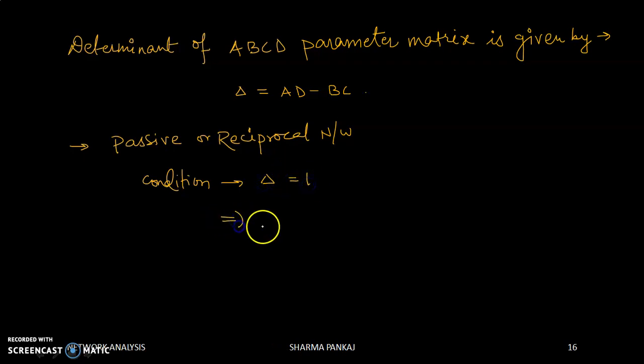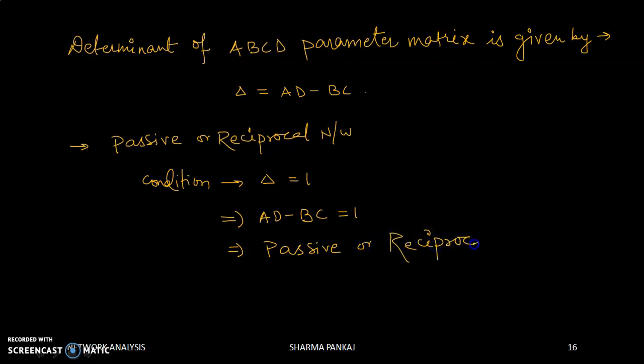That implies AD minus BC must be equal to 1. That implies it will be either a passive or reciprocal network.